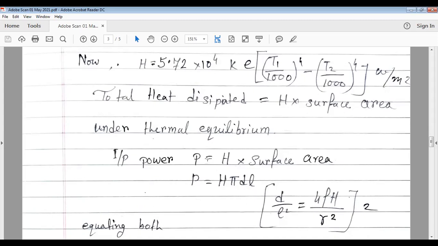Then you can easily calculate how much power is required. Or say you have a specific power, and you need this much heating. Then you can calculate how much quantity of your nichrome, or heating element, is required.